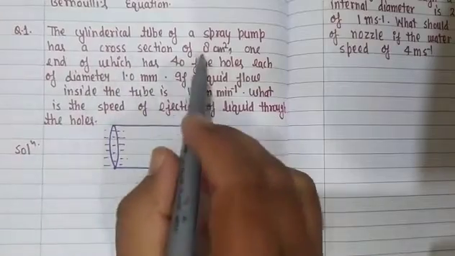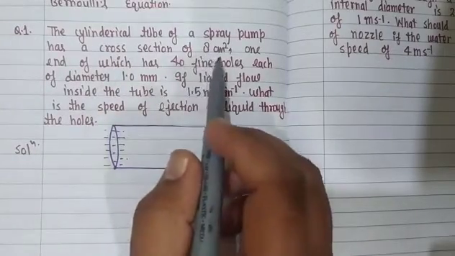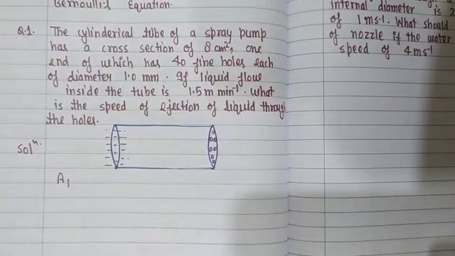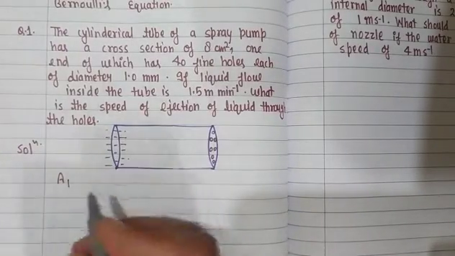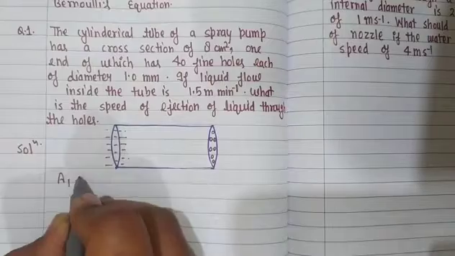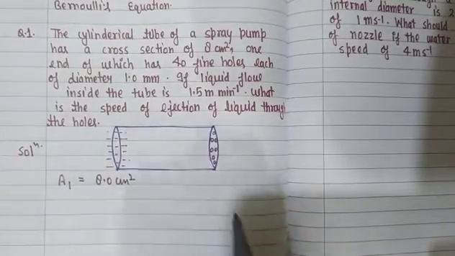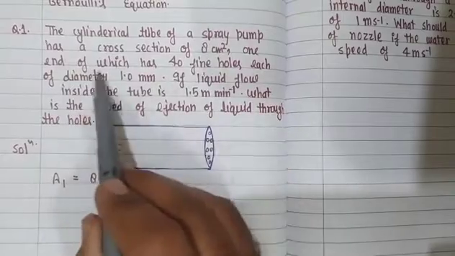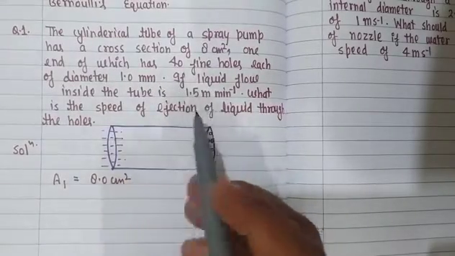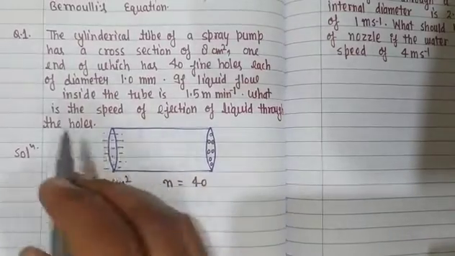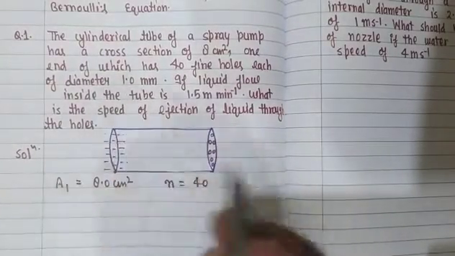The area of the cross section is 8 centimeter square. So here A1, through which the fluid is getting inside, is 8 centimeter square. One end of which has 40 fine holes, that is n is equal to 40. Diameter of each hole is 1 mm.